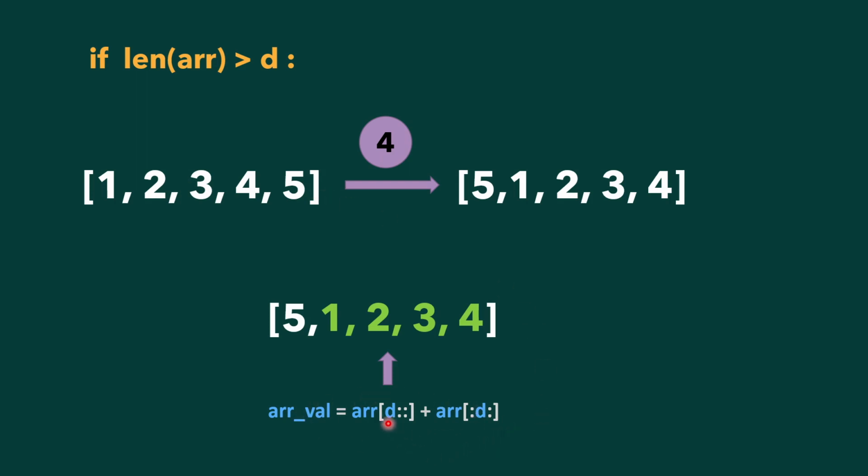Means see d in slicing. If I put d, the d value is 4, it's treated as an index value. So what is the index value? This is 0, 1, 2, 3, 4. Then the 5 comes here. This is the end part. If the end is empty, it automatically takes the end. Okay, then plus array.